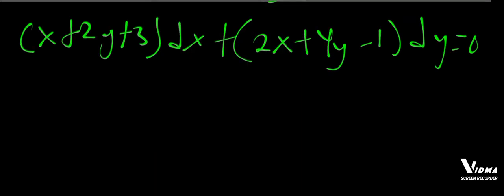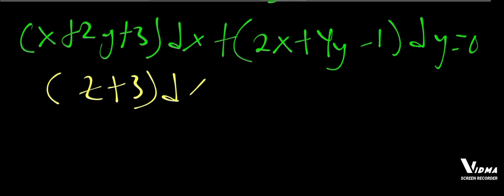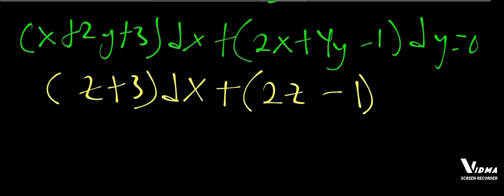I am saying that I have written this as z, so I get (z plus 3) dx. And since this is a factor of this, I can write this as 2z, then minus 1.